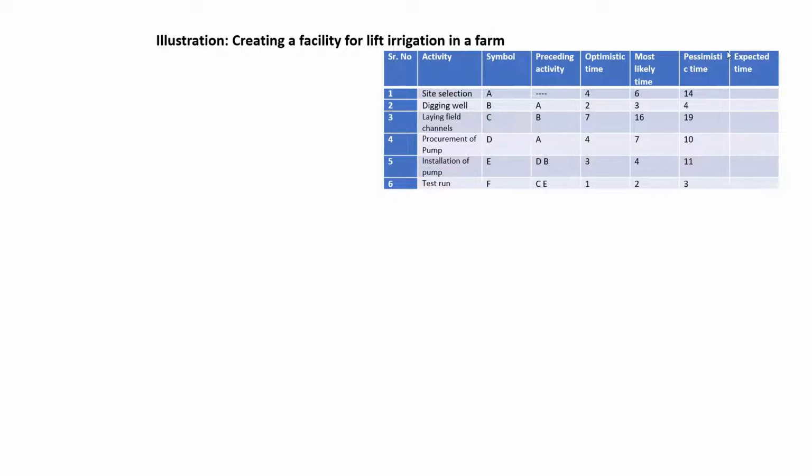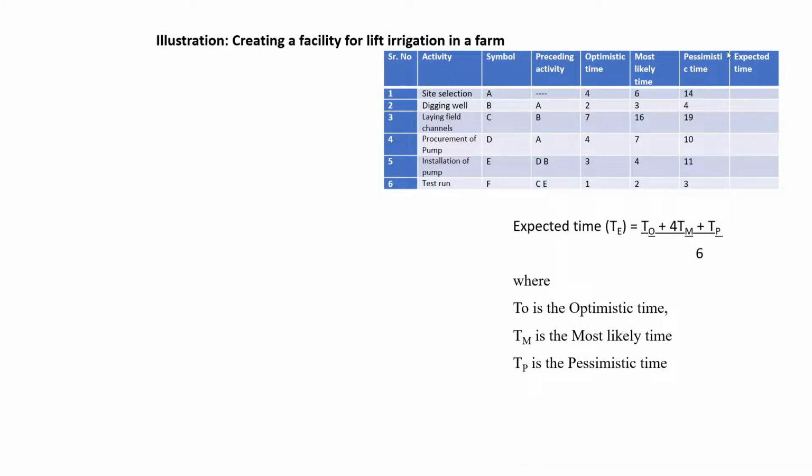And here we will have to calculate the estimated time. Now how to calculate the expected or estimated time? For that we have a formula where T of O represents optimistic time, T of M represents most likely time, and T of P represents pessimistic time. So based on this formula, we will have to calculate the expected time of the activity.